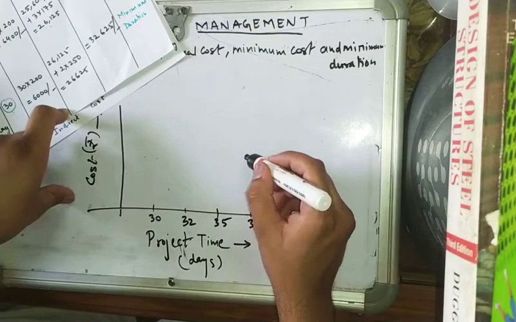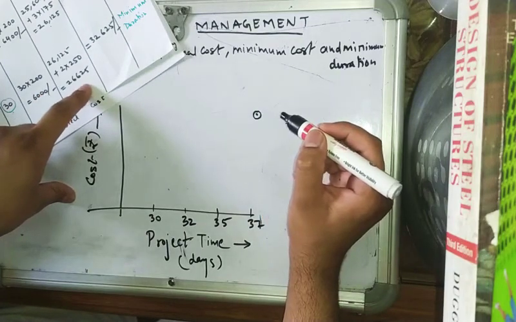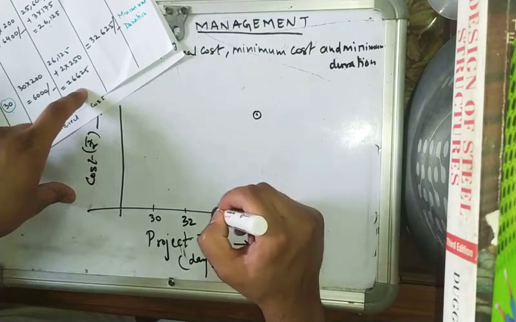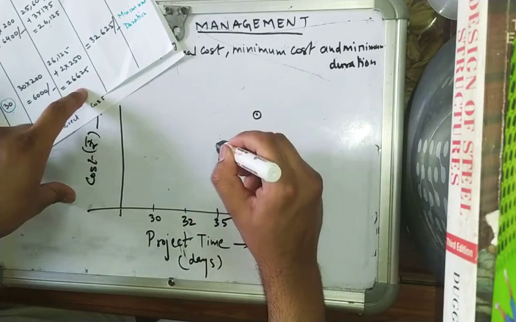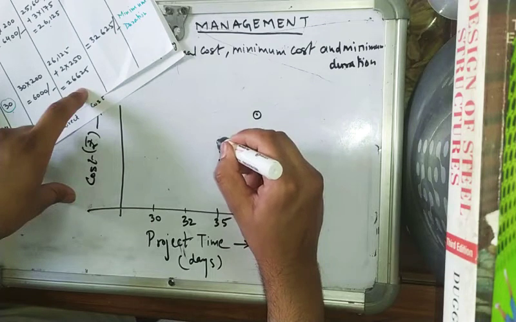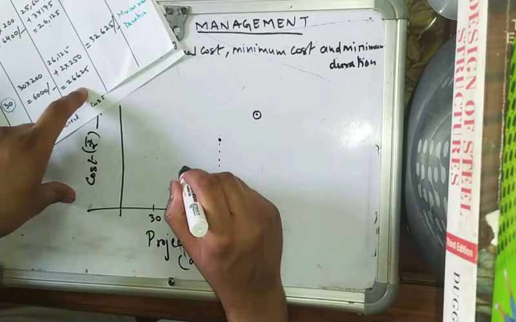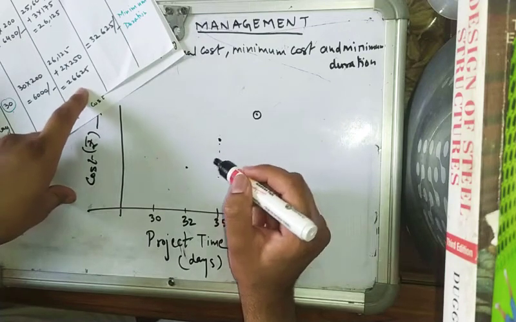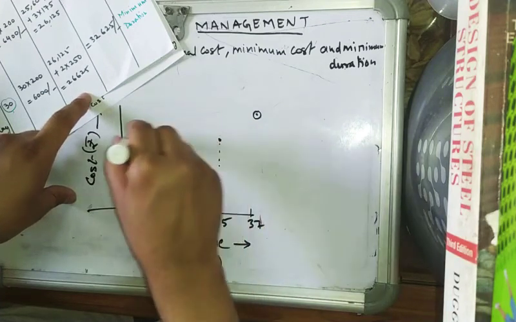Corresponding to normal time, the cost was 32,900. It came down to 32,600 for 35 days. For 32 days it came to the minimum, and for 30 days it went up to 32,625. Again this somewhere.